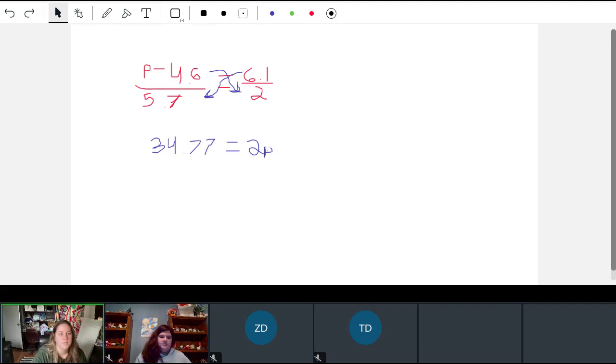And then type in 2 times 4.6. Here, let me move this over a little bit. What is 2 times 4.6? That's what you're going to write right here.